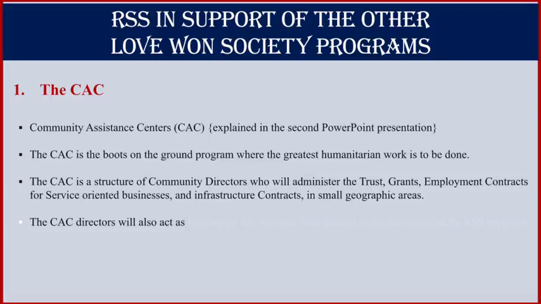The CAC is a structure of community directors who will administer the trust grants, and employment contracts for service-oriented business and infrastructure contracts in small geographical areas. The CAC directors will also act as a liaison for the National Real Estate Listing Service and the RSS program.